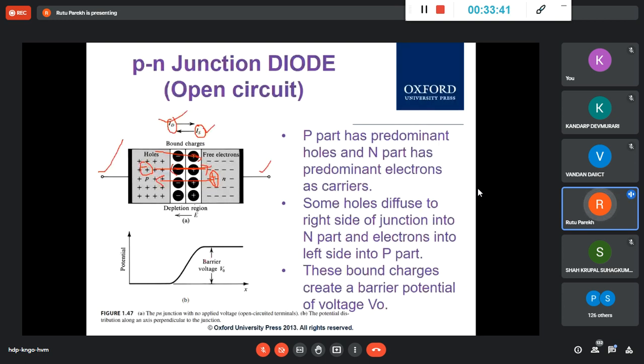And let's say that for some reason this ID, which is because of the diffusion, is exceeding the drift current. Then what will happen? More bound charge will be uncovered on both sides of the junction. They were equal, but now say that this ID is more.